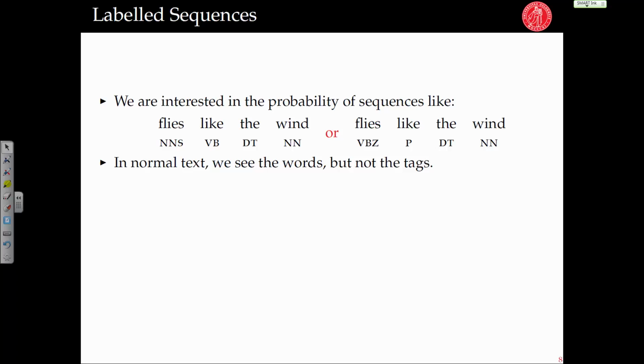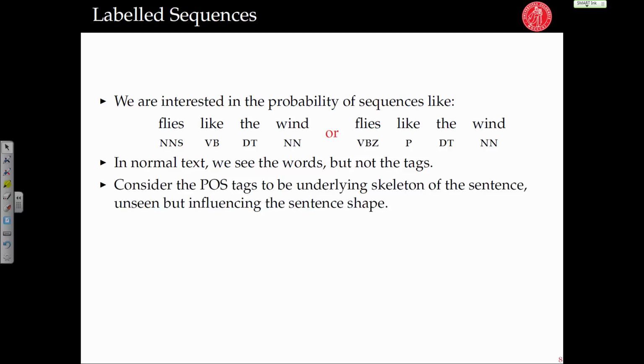But in normal text, when we look at English text, all we see is words. We don't see tags. So we consider the part of speech tags to be an underlying skeleton, a hidden part of the sentence that influences our interpretation of the sentence. It influences the sentence shape.